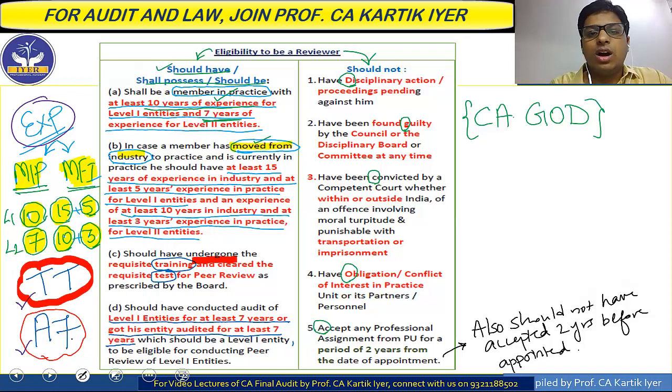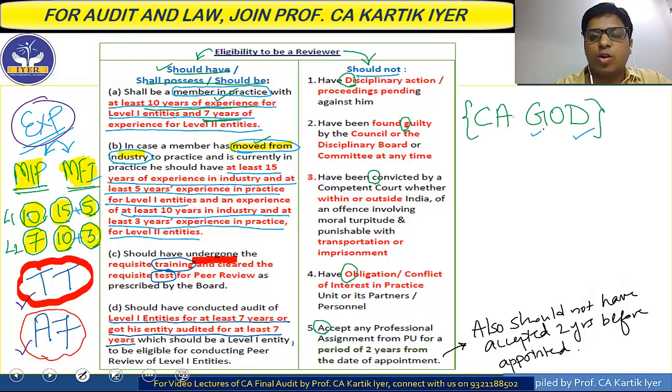Let's see this. Eligibility of the reviewer should not. He should not have disciplinary action or proceedings pending against him. So there should be no disciplinary action. The code I'm giving you here is CA God. You can see on the right hand side. So this is in relation to the disciplinary action. Okay. Next, have been found guilty by the council or the disciplinary board or committees at any time.